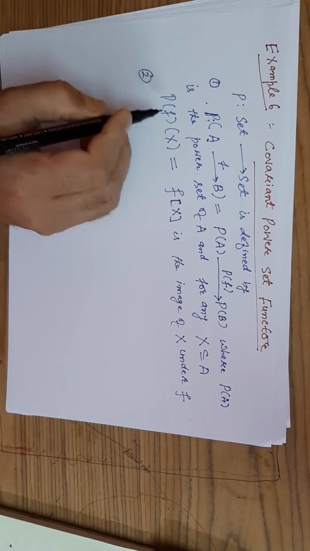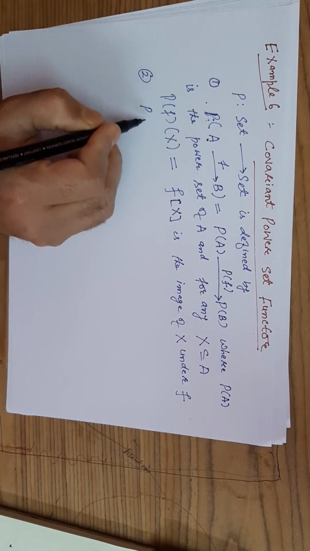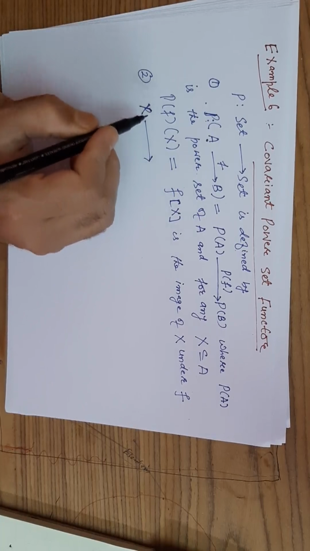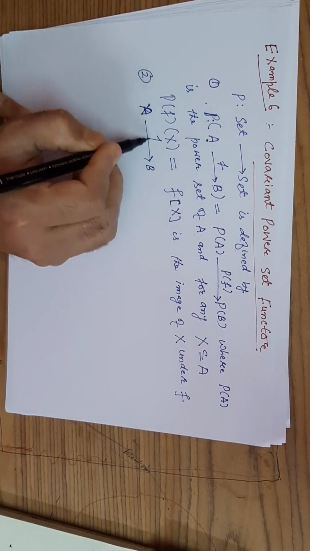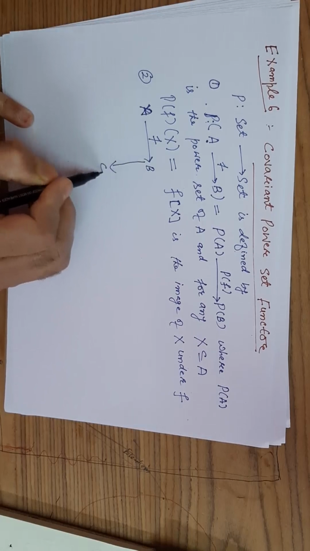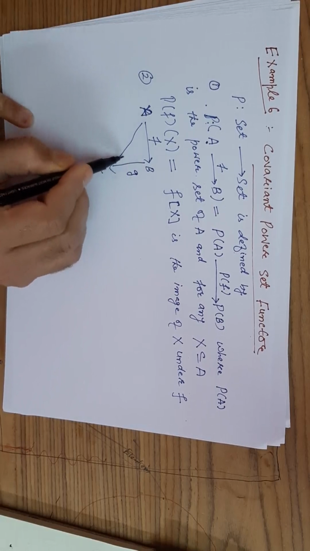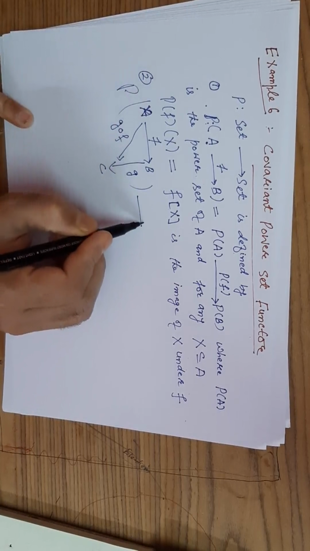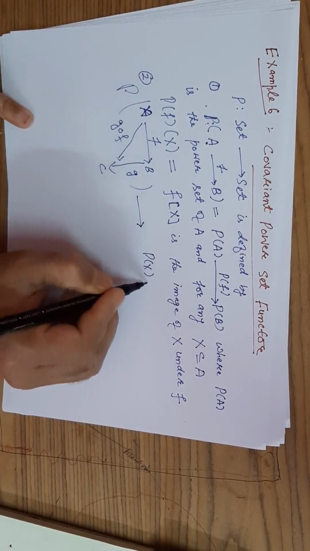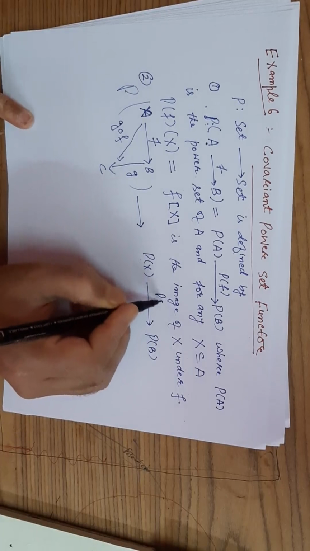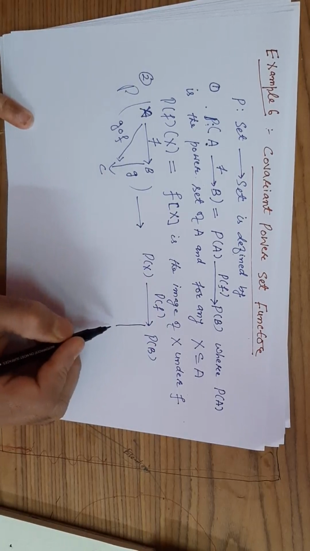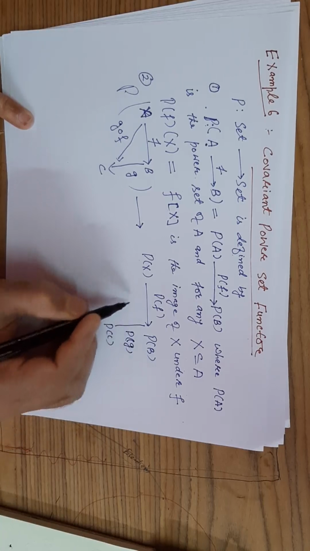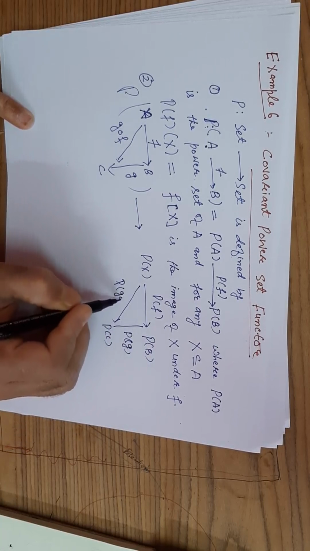Suppose I have A to B, I have F, and B to C I have, say, a mapping G. This is the mapping G composition F, and the functor P sends it to power set of A, power set of B. So this is PF, and then C goes to power set of C, and this mapping is PG, and then you have PG composition PF.